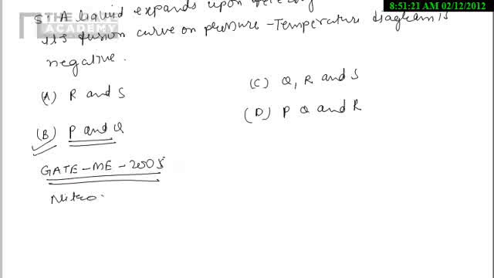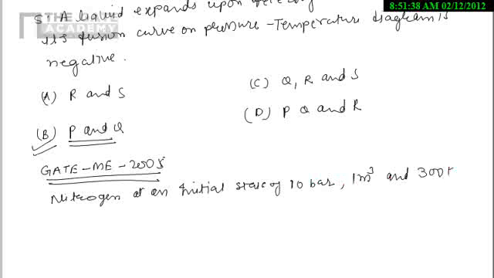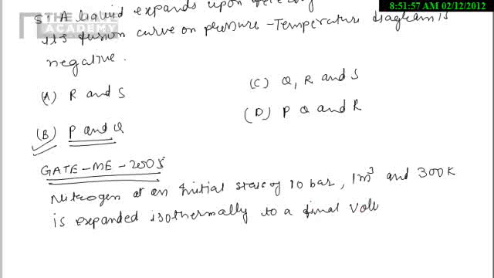Nitrogen at an initial state of 10 bar, 1 meter cube and 300 Kelvin is expanded isothermally to a final volume of 2 meter cube.